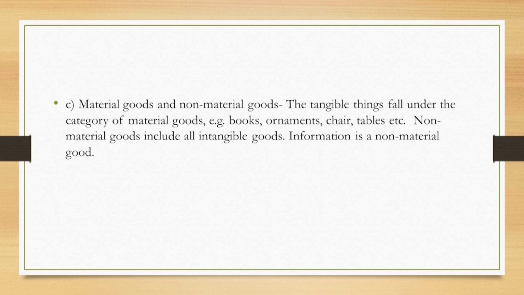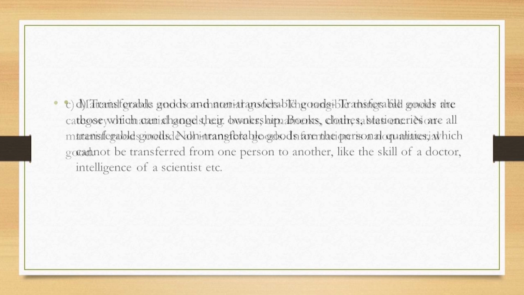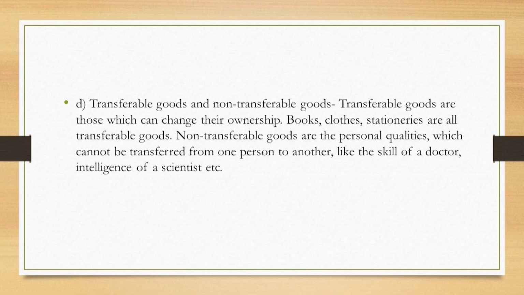And information is considered a non material good. Then we come to the fourth variety: transferable goods and non transferable goods. Transferable goods are those goods which change their ownership. Books, clothes, stationery are all transferable goods.